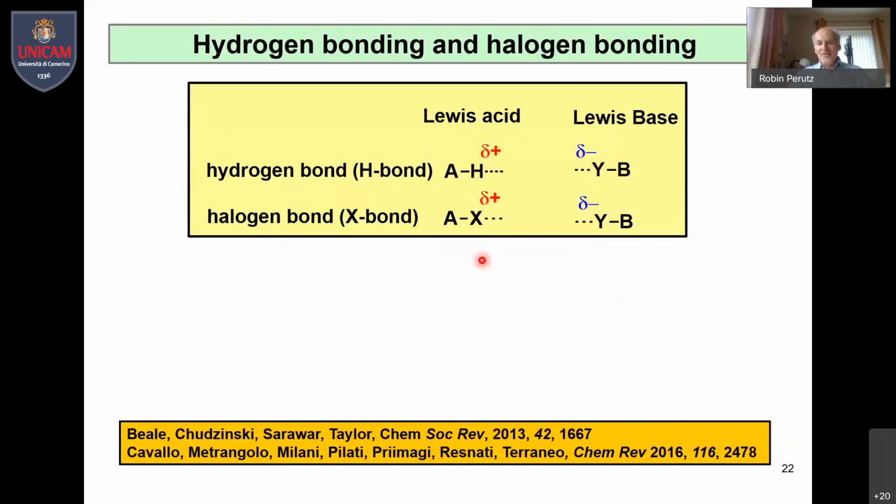In a halogen bond, the base part is the same, but the Lewis acid part involves a halogen, AX delta plus. Now, you might think that halogens aren't usually polarized delta plus, but particularly iodine can be polarized that way, and we'll see how that works in a moment. So, a halogen bond, we have an AX interacting with YB.